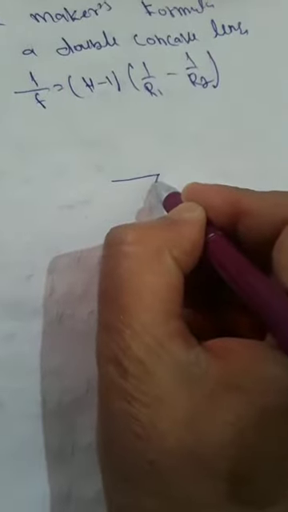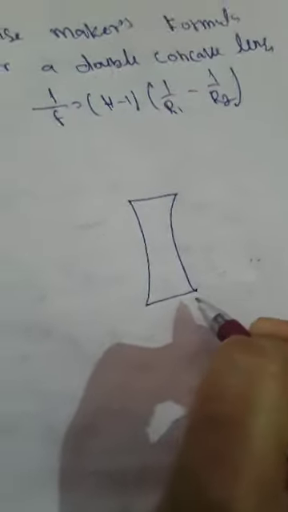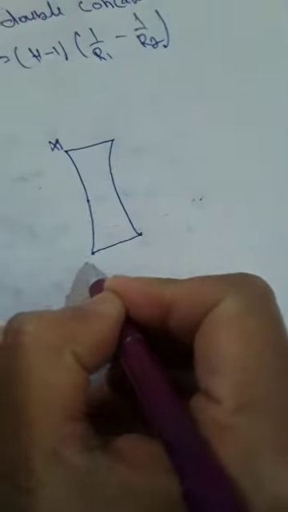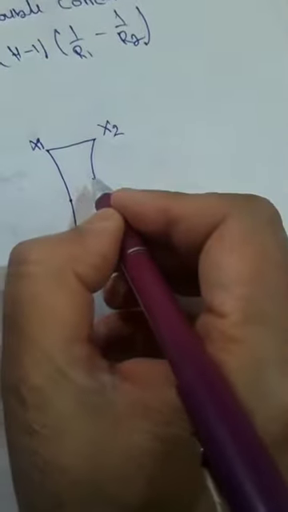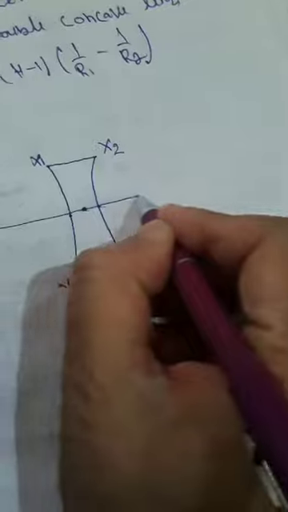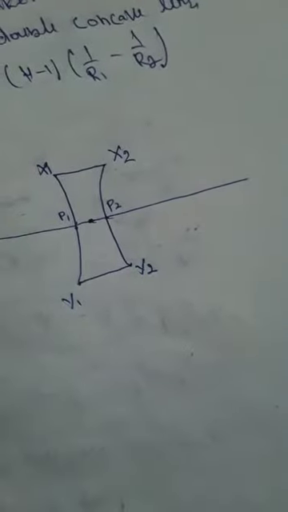Suppose this is a double concave lens. It again has two refracting surfaces, as you remember from the previous class: x1 p1 y1 and x2 p2 y2, two refracting surfaces. This is the optical center of the lens. This line is the principal axis. This is p1, the pole, and this is p2, the pole.